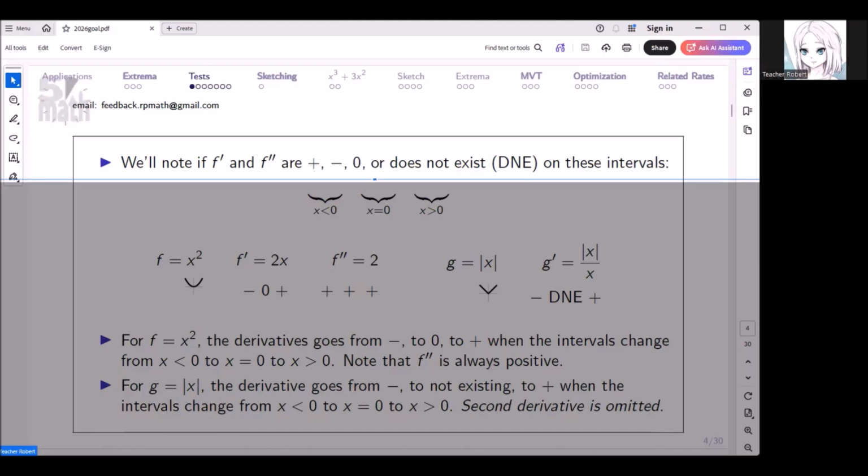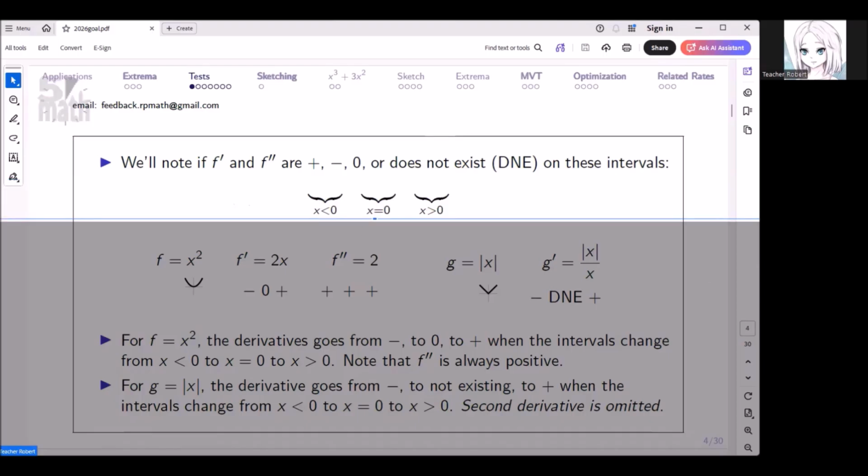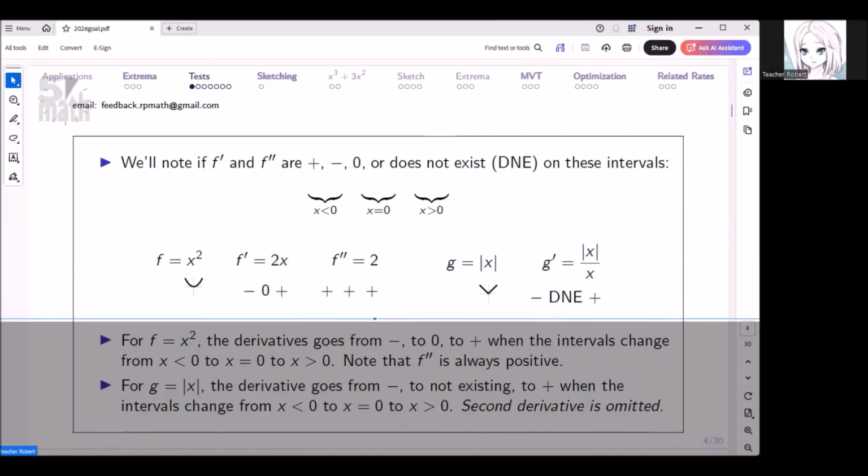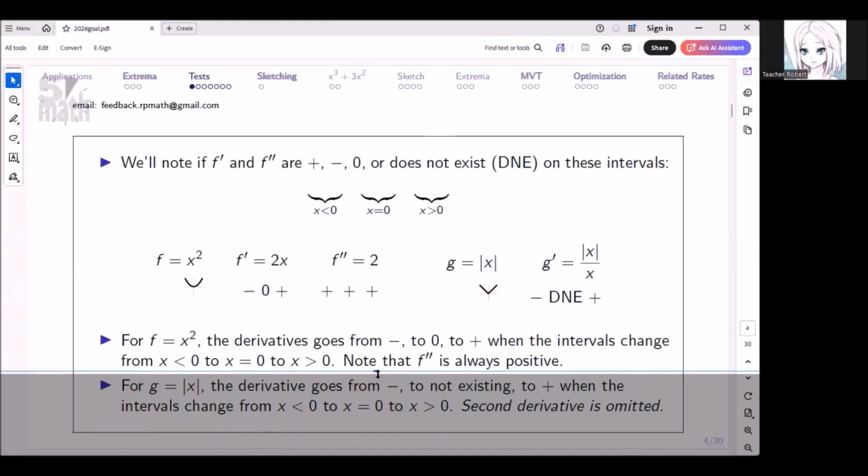We'll note if f prime and f double prime are positive, negative, 0, or do not exist on these intervals: x less than 0, x equals 0, x greater than 0. Here is an example. For f equals x squared, the derivatives go from negative to 0 to positive when the intervals change from x less than 0 to x equals 0 to x greater than 0.